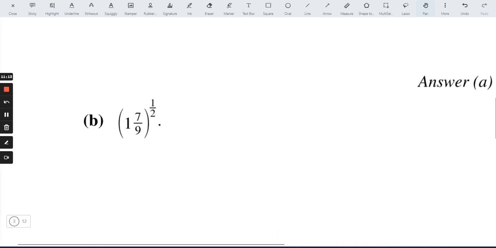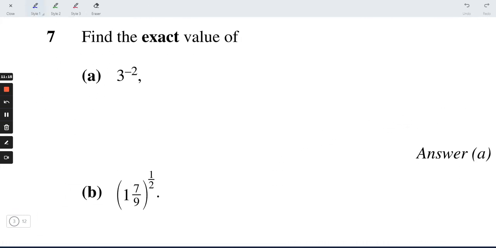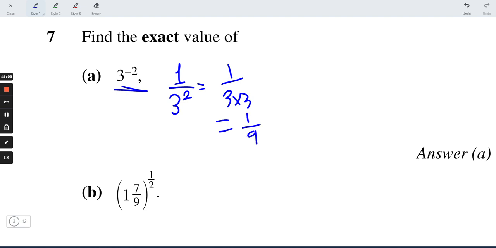Find the exact value of. We know that 3 to the power of minus 2 is the reciprocal, so it's 1 over 3 to the power of 2, which is 1 over 3 times 3, which is 1 over 9.